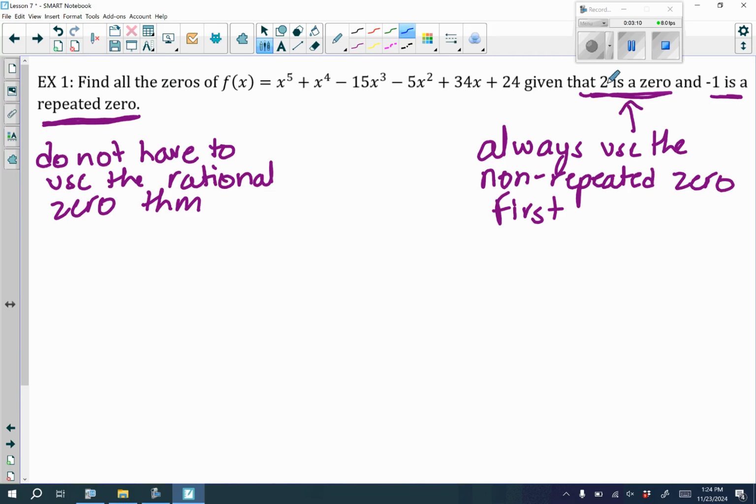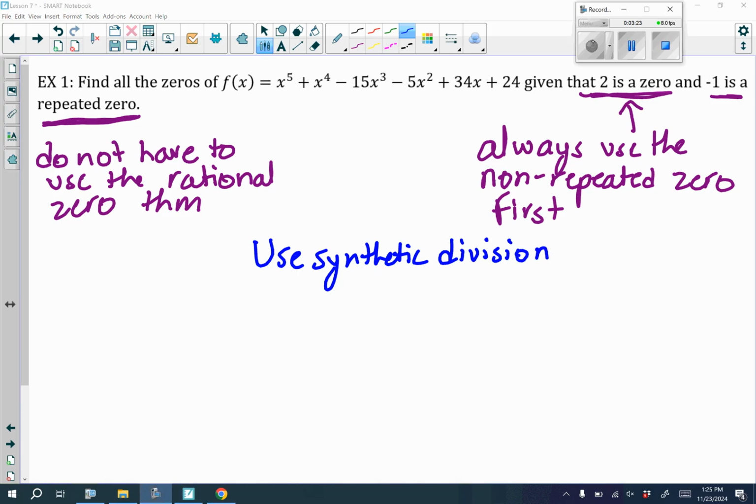Okay, so as stated, we're going to use synthetic division, just like we did in lesson 6. So let's go ahead and do that. We got 2 on the outside. And then remember, we're going to use the coefficients here.